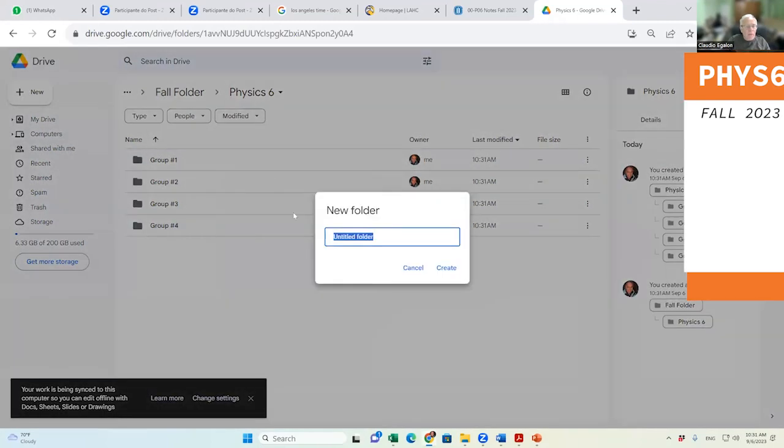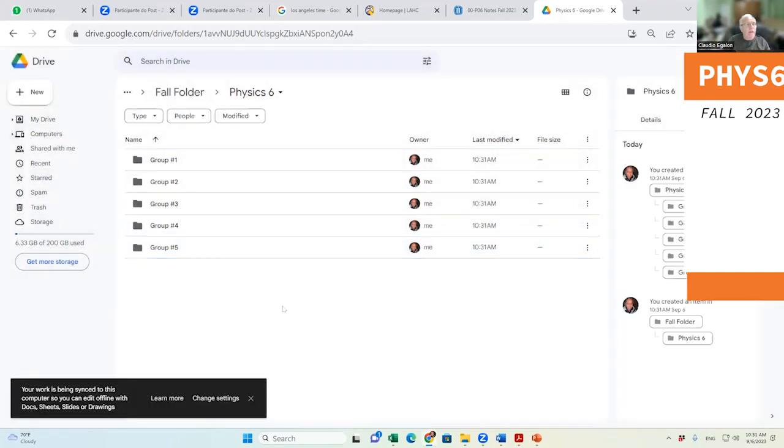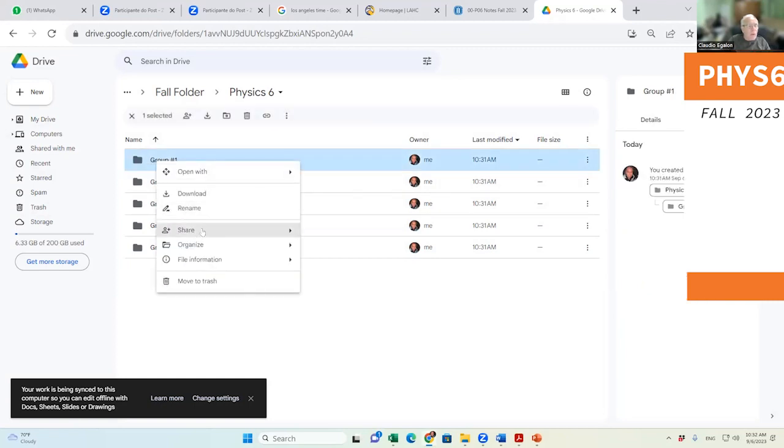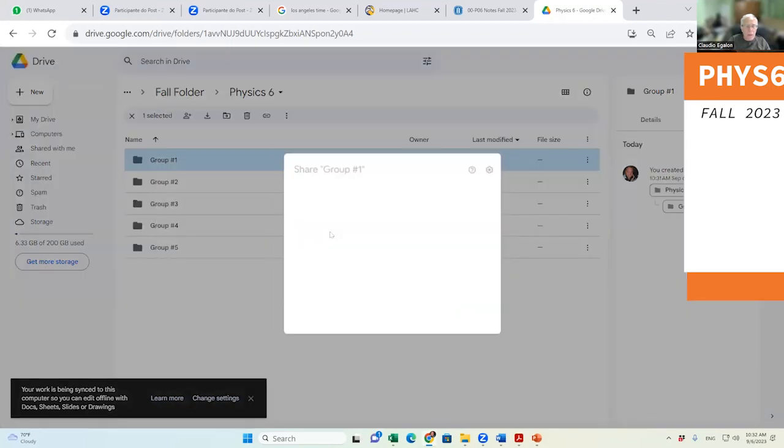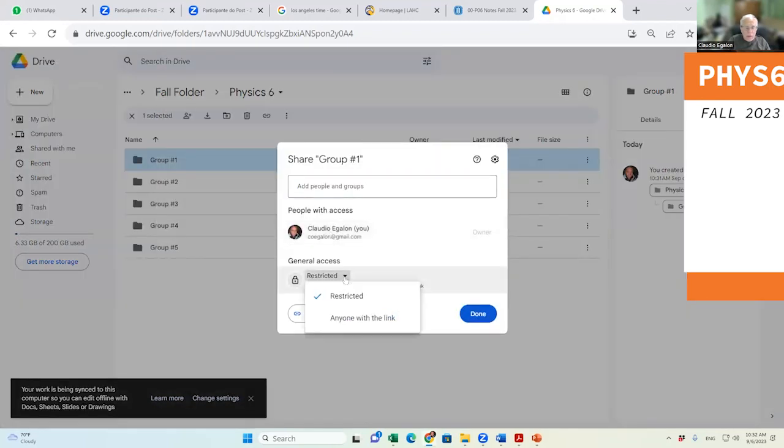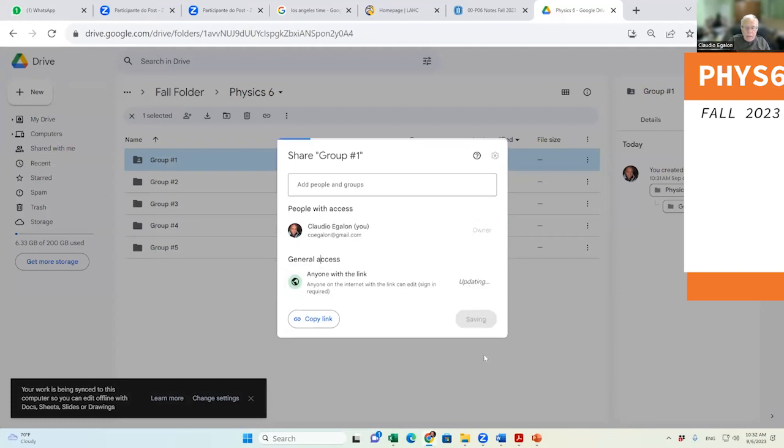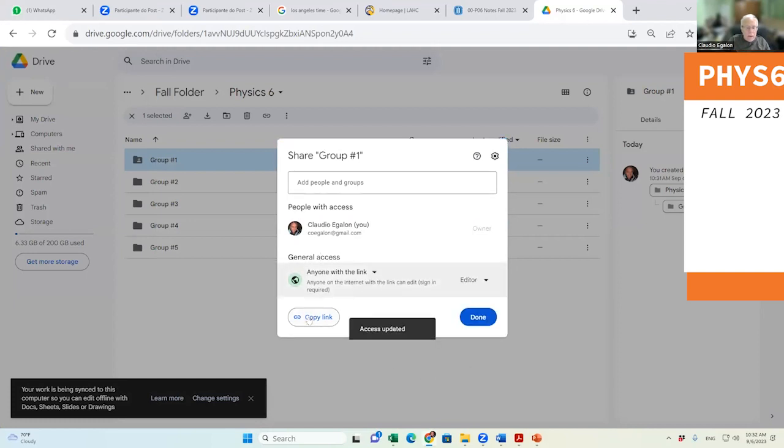And group number 5. Good. So I will share this link. Restricted. Anyone with the link? Let's see. General access. Okay. Commenter, editor. Okay.